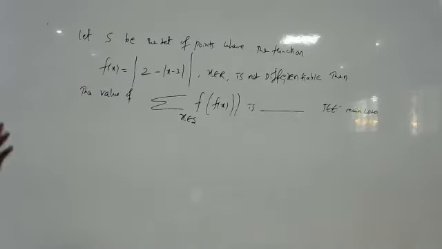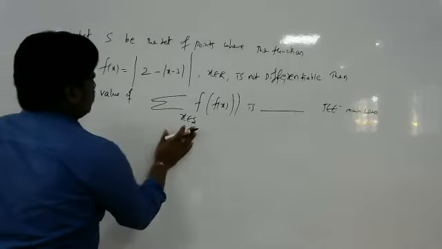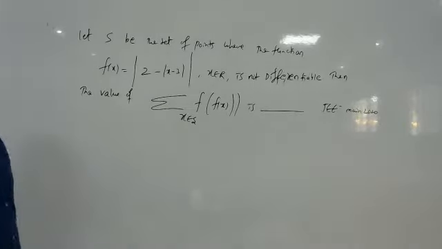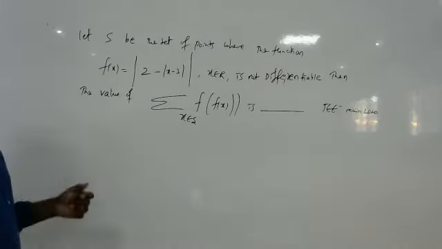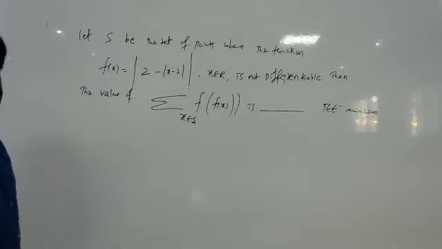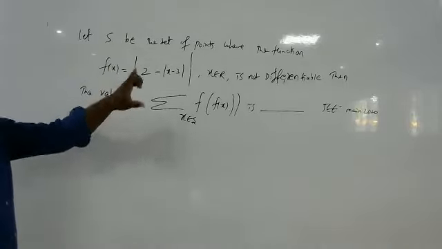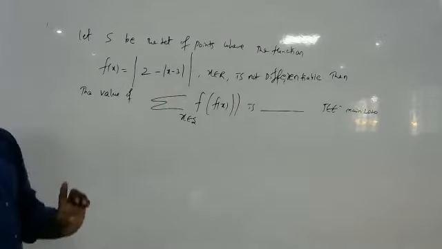Okay, S be the set of points where the function is not differentiable. See, this is a wonderful question. JEE Mains asked this question this year only, and it is a very good question.